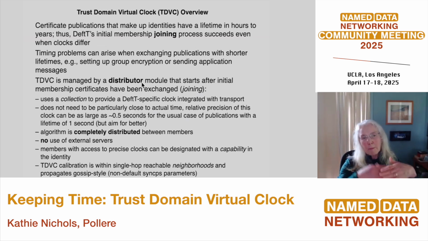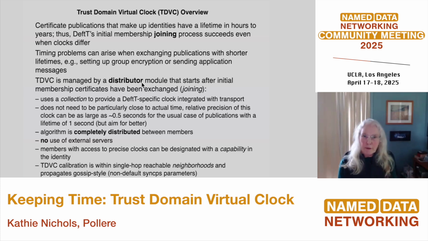What happens right after that is we normally go into things like key distribution and then exchanging application messages. So it's right after that certificate publication, which we call joining, that you need to do something about the timing. And so that's where we've inserted this virtual clock distributor.